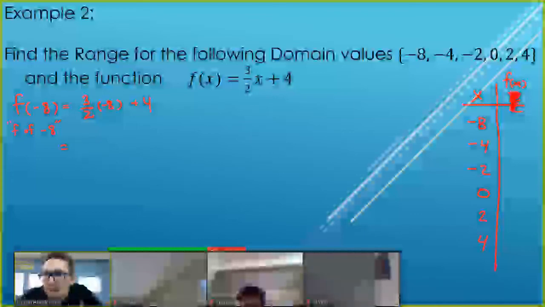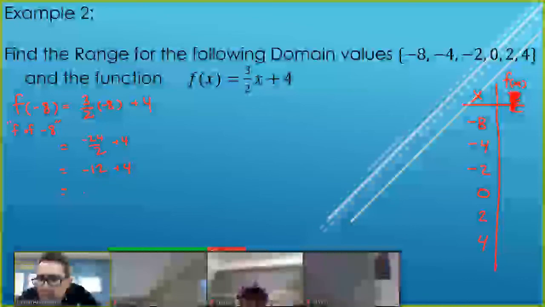Okay, so -8 times 3, -24 over 2. It should come out to -12 plus 4. Double check my work. Maybe I'm missing something or doing something wrong, but double check what you got against this. And tell me if I'm doing something wrong. Tell me if I missed something, please. It happens to everybody, including me, definitely me.